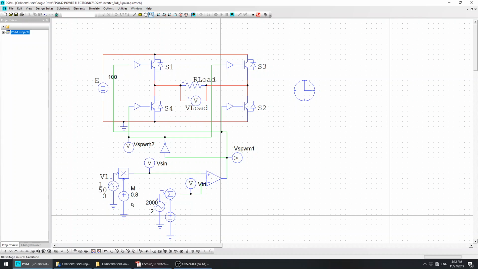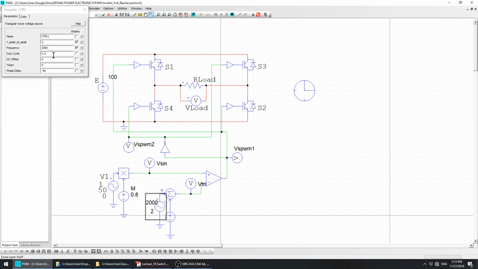This is to vary the amplitude of the modulating signal, which sets the modulation index. Here we have a 2 kHz switching frequency, and it operates with a 0.5 duty ratio.